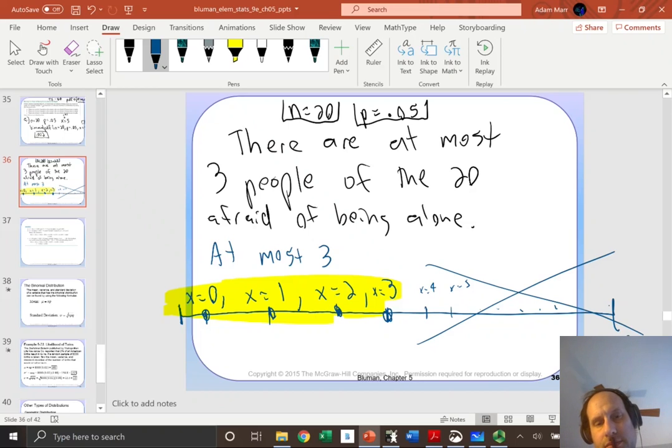Now, how could you do this? You could do binomial PDF, N is 20, P is 0.05, X equals 0, plus binomial PDF, N 20, P is 0.05, X equals 1, and so on, up to 2, up to 3.